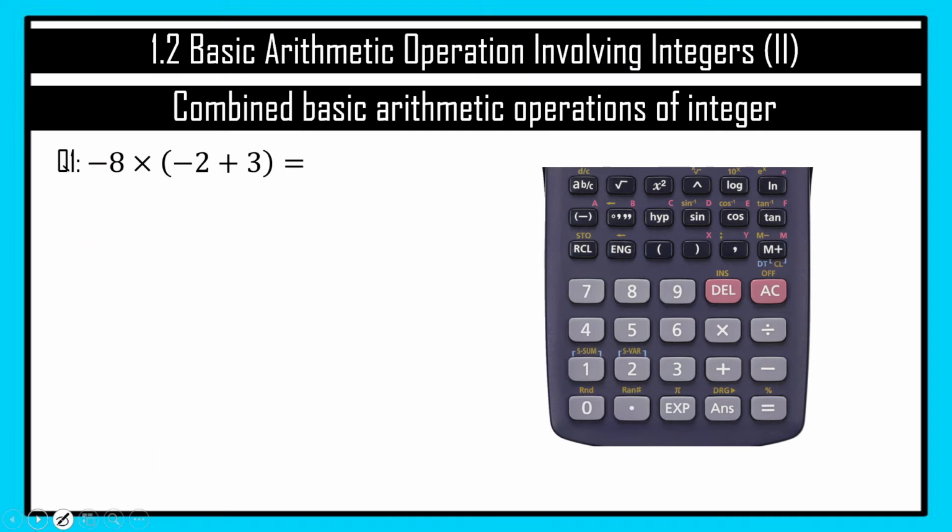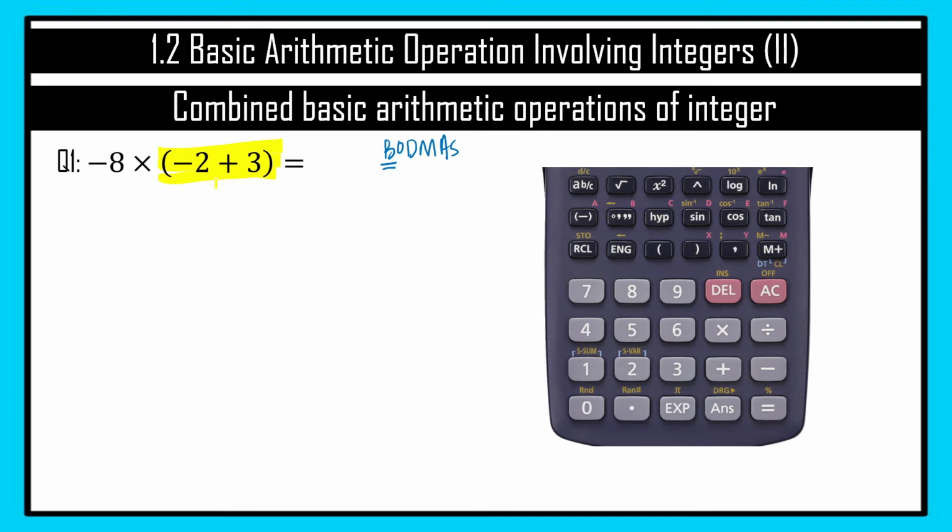Right, the first question is negative 8 multiply bracket negative 2 plus 3. Now according to BODMAS, we are going to do the bracket first. Okay, so I'm going to highlight the bracket.